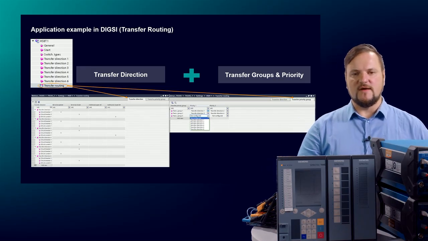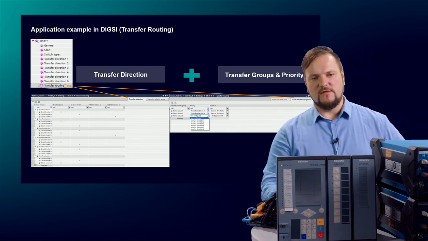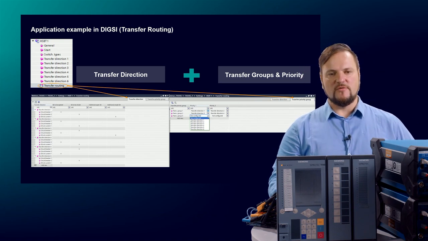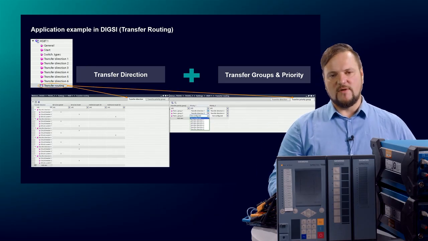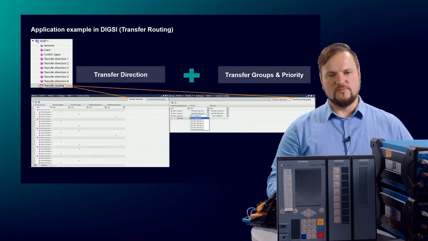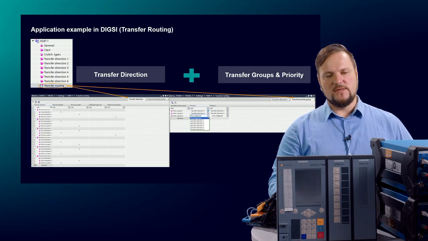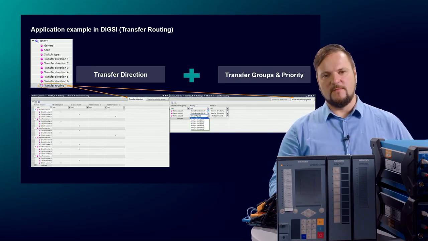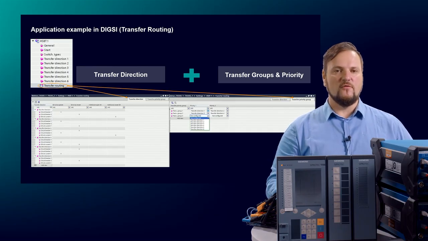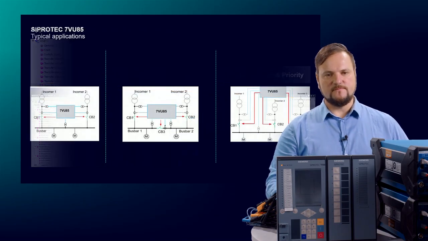Therefore, we can group these transfer directions and give them priority. For example, when transfer direction 1 is not available, then for the grouping 1, transfer direction 2 should work. So this is a very good possibility here in DIGSI to do the settings and the parameterization for each transfer direction, and it offers you full flexibility.